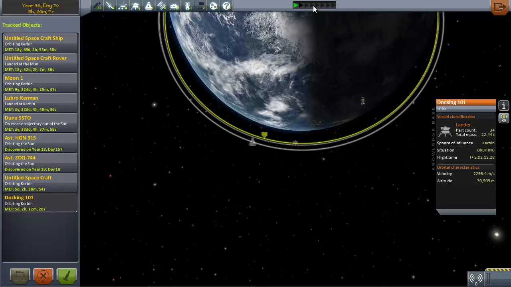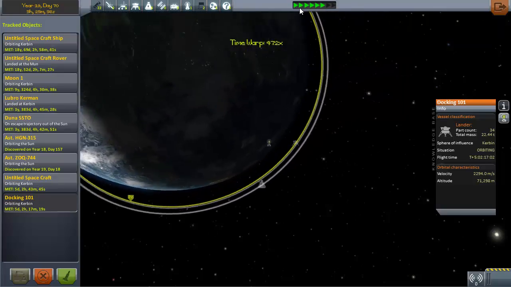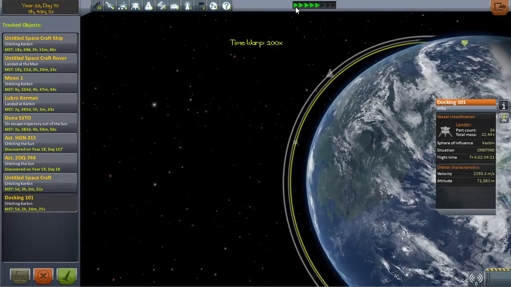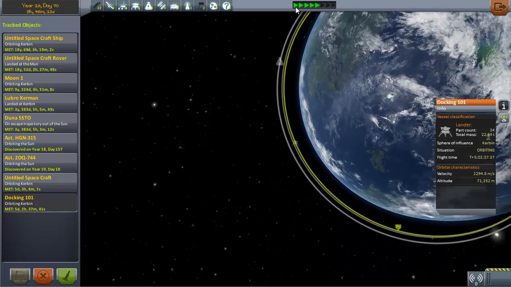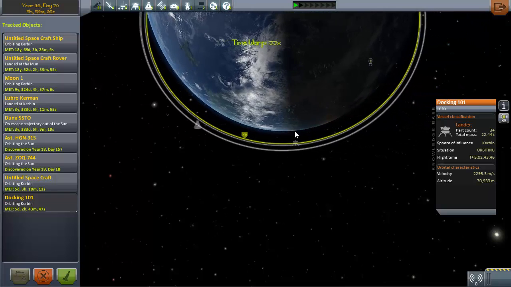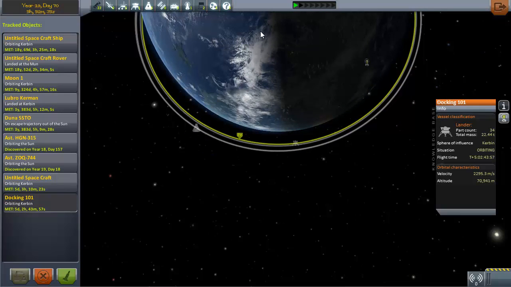So let's actually look at it. So one orbit. And stop around now. So okay, this has increased by approximately 25 degrees.